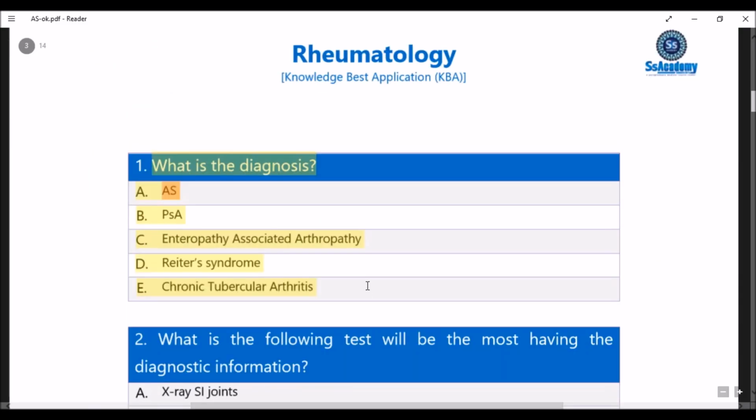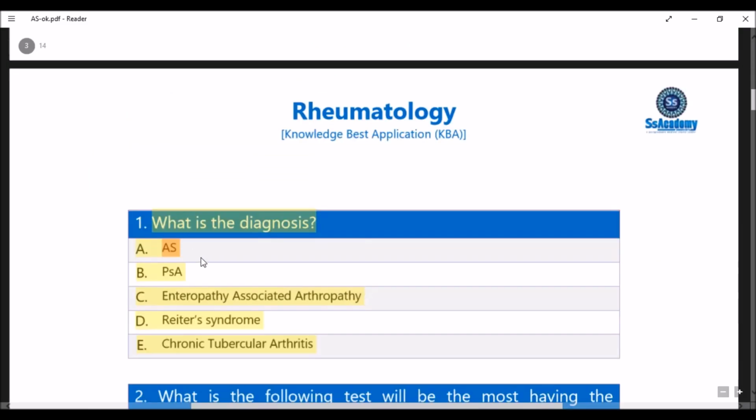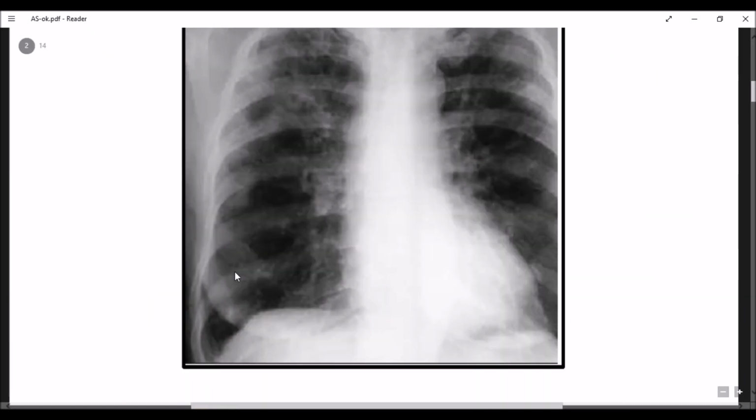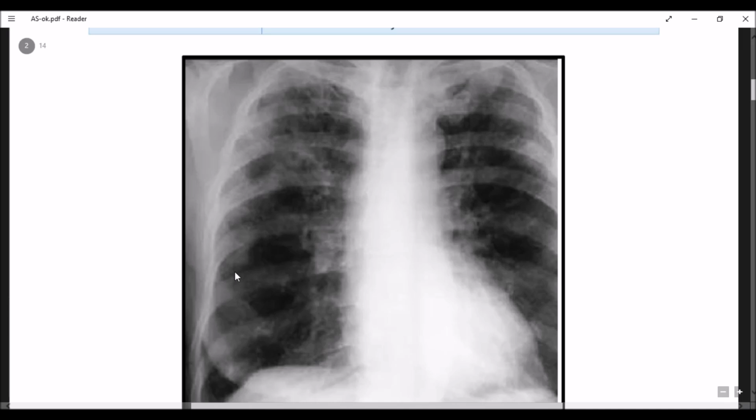Immediately after the box, the third step, we focus on the fourth step, the photography. So focus on the photography. The photography showed an apical zone lung fibrosis, so there is an apical shadowing.